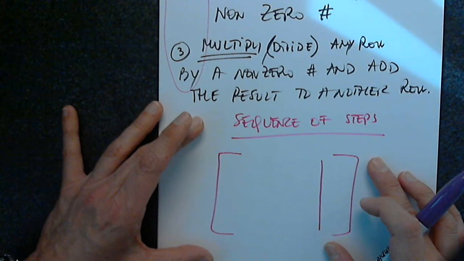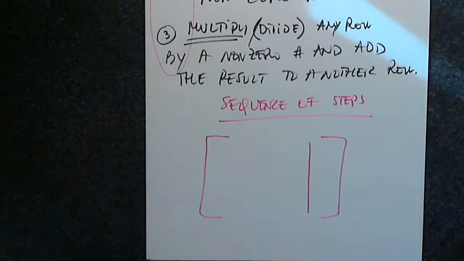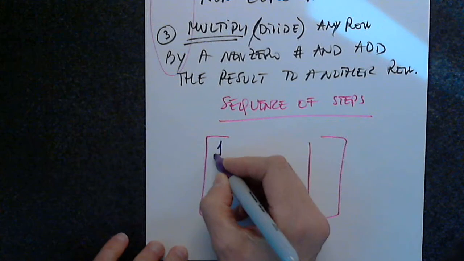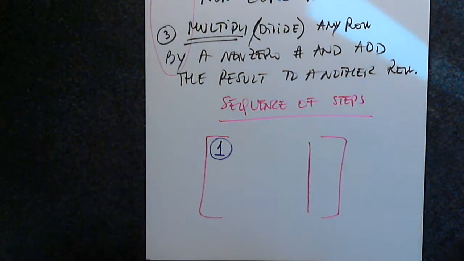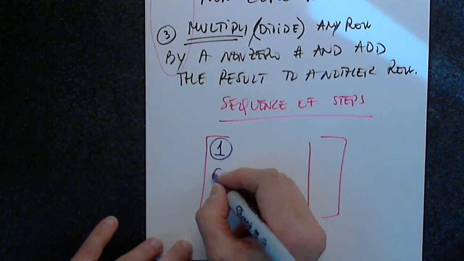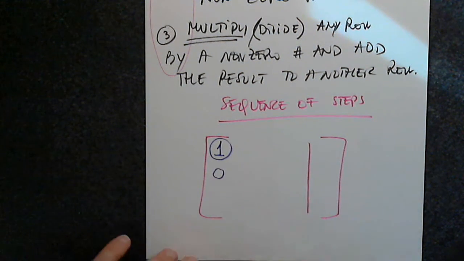You will not get the answer if you do. So the first step is the 1 in the upper left corner. Then the 0 underneath, and the 0 underneath, if it's a 3 by 3. If it's a 4 by 4, then I'll have to continue. Another 0, another 0. We're not going to illustrate with more than a 3 by 3.